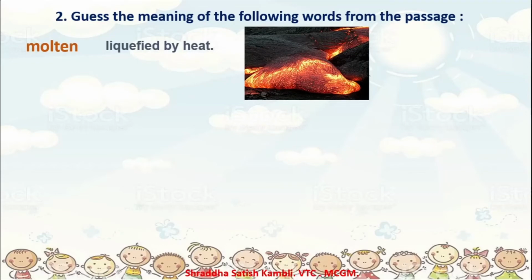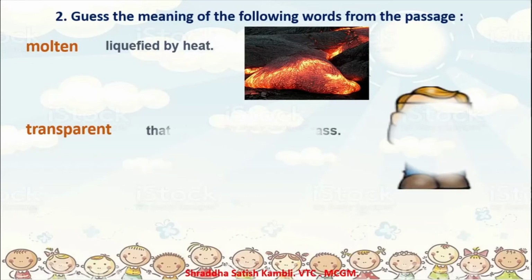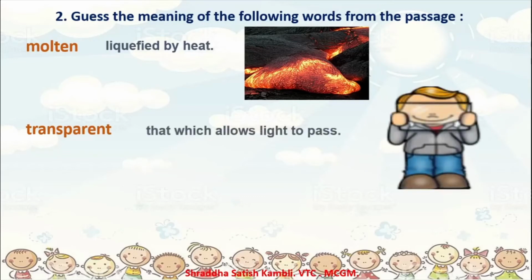Let us look at the next word here. So you have transparent. We already discussed what the meaning of transparent is, but even then let us look at what the meaning of transparent is here. That which allows light to pass. So any material which allows light to pass through it is called transparent.